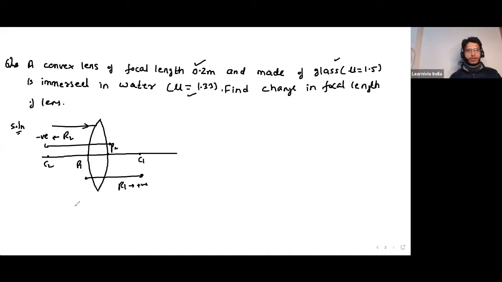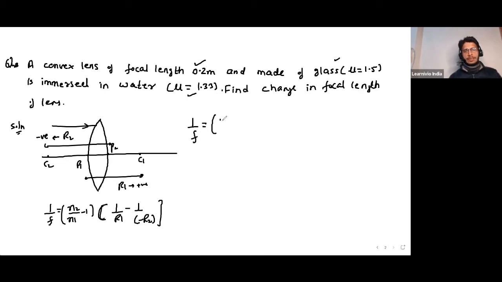So 1 by F is (N2 by N1 minus 1) times (1 by R1 minus of 1 by minus R2). So 1 by F is (N2 by N1 minus 1) times (1 by R1 plus 1 by R2). This is my equation number 1.